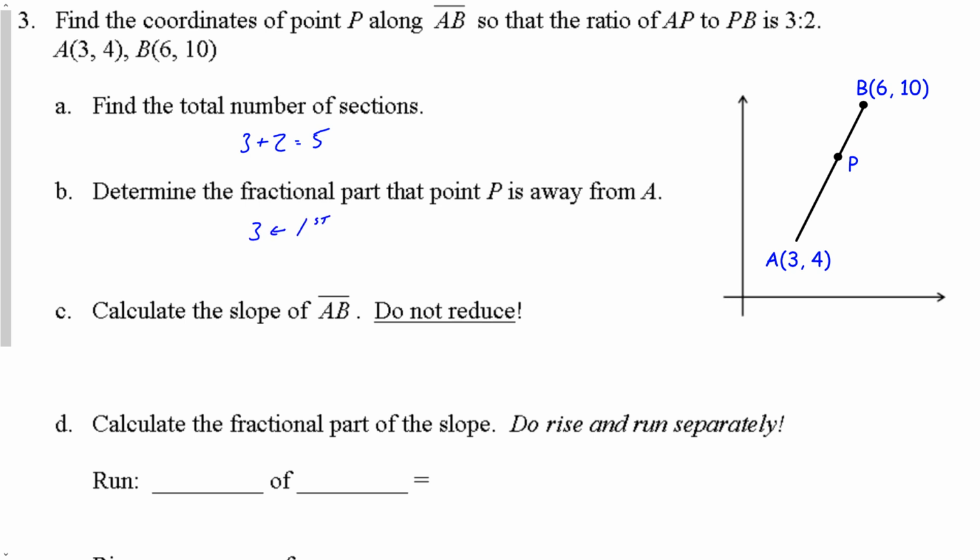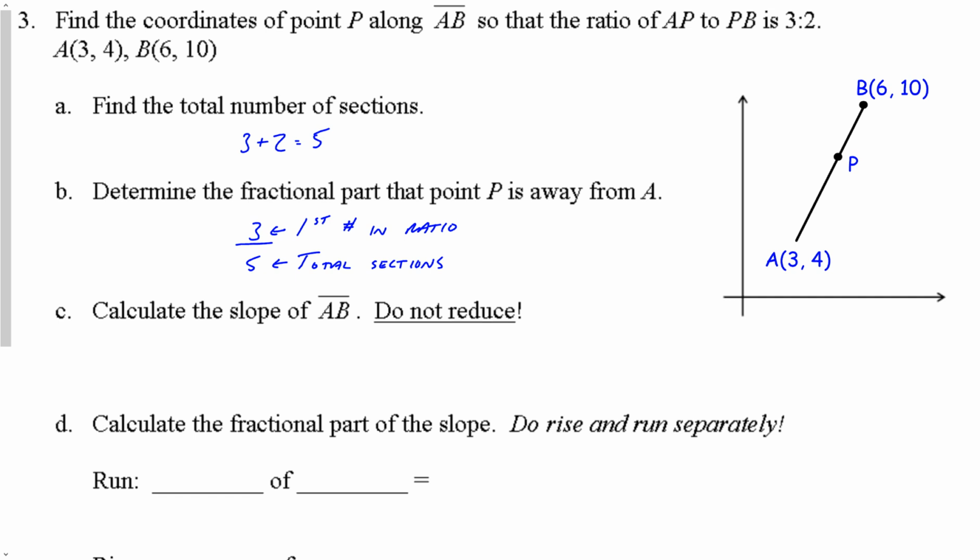The numerator of this fraction will always be the first number in your ratio. And then we're going to put that over our 5, which is our total sections. You'll be able to do that every time you have a problem like this. It's going to be the same setup for this fraction.